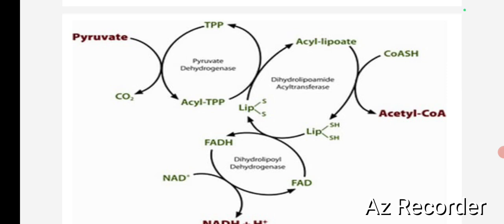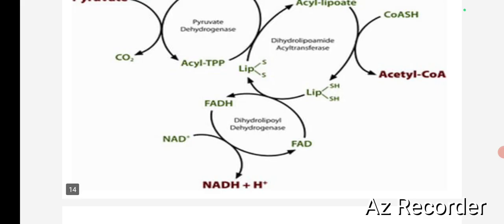The reduced form of lipoate then reacts with FAD to form FADH2 and then releases the oxidized form of lipoate. The FADH2 then reacts with NAD to form the FAD. Finally we get the reduced form, NADH plus. Here we are producing the acetyl-CoA.